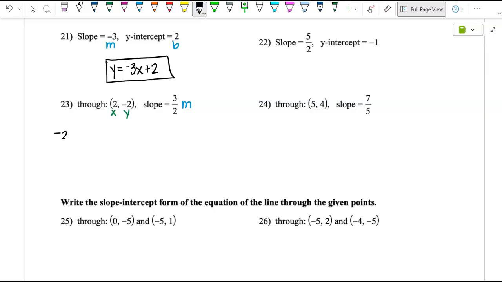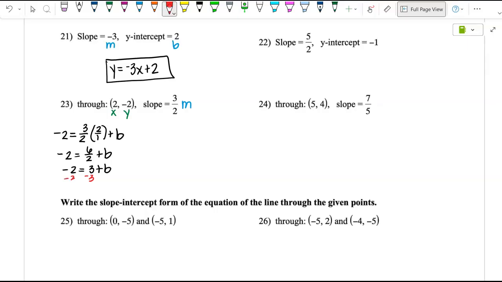So -2 equals my slope of 3/2 times my x of 2 over 1 plus b. I write the 2 as a ratio to multiply with my slope, which is a ratio. So -2 equals 6 over 2 plus b. -2 equals 3 plus b.